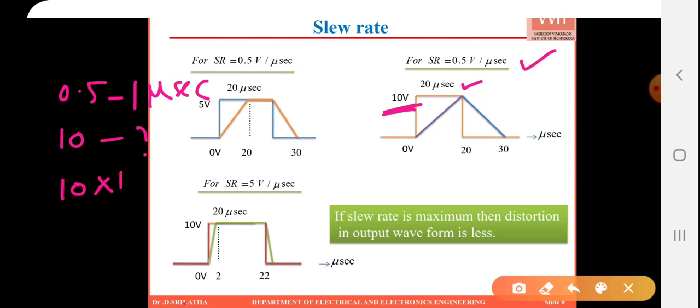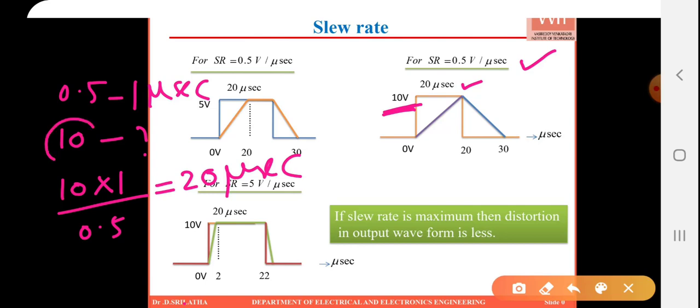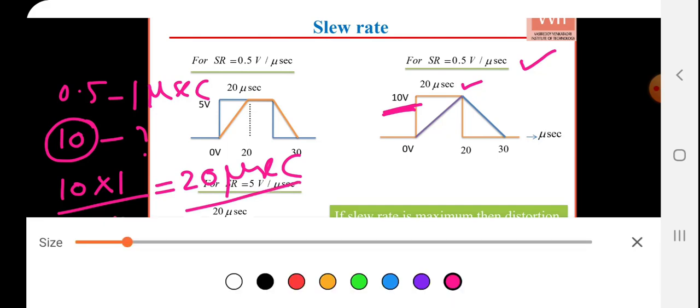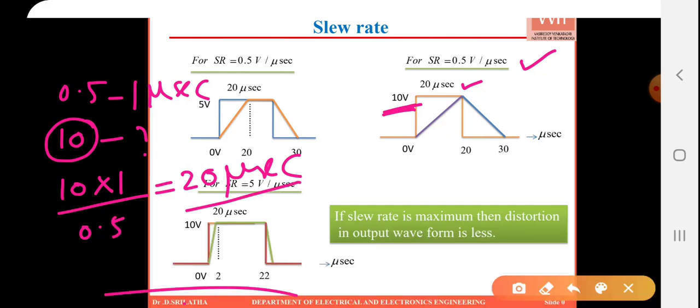That means 10 into 1 by 0.5, 0.5 means 5 by 10. So that is 20 microseconds. So hence the output voltage will be like this blue shaded waveform. So from 0 to 10 volts to change, it requires 20 microseconds.